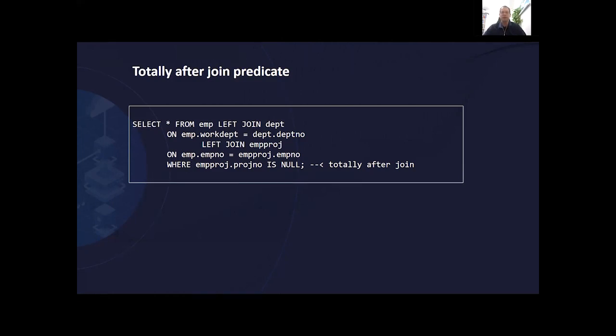Typically it's this anti-join, and that's the example here. We do two joins, department and employee, and then we join the employee project table. This is really at the end because we need to do both joins before we see the result. I believe it is important to understand where you have the filtering, where you have the join predicate, and what is evaluated when, because then you can optimize your query a bit.